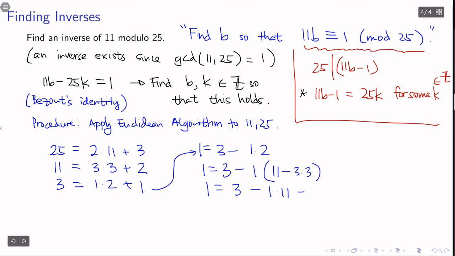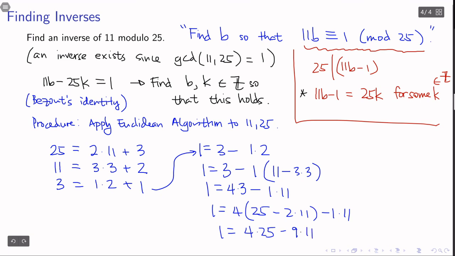Okay, so I'm just going to write that as 4 times 3 here on the left. And finally, let's plug in what we have for 3 from the first equation. 25 minus 2 times 11. And this simplifies to 4 times 25 minus 9 times 11. And that makes sense, right? 100 minus 99 is 1.